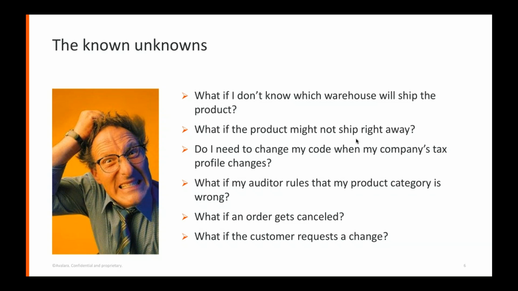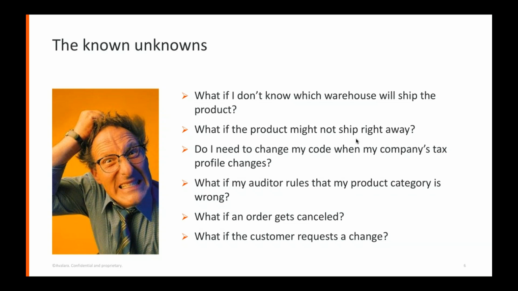All right, so a couple other things. Do I need to change my code? Do I need to rewrite my page when my company's tax profile changes? I've had a couple of companies say, hey, look, I know my business doesn't do sales tax in these 12 states. How about I just speed up my shopping cart by ignoring taxes for those 12 states? Well, that's great, but then what happens if you open up a new field office in one of those 12 states?